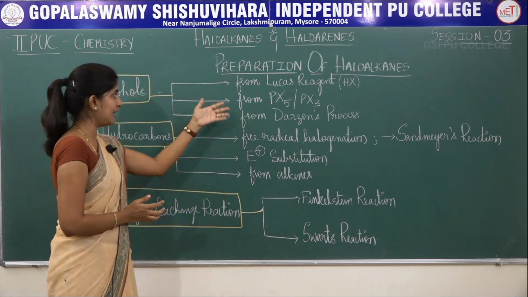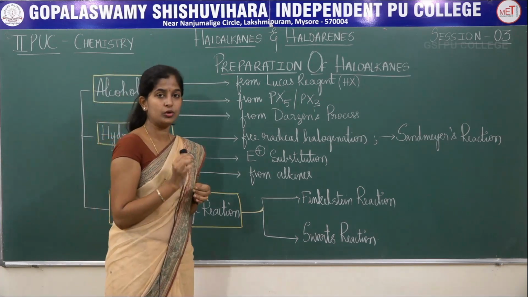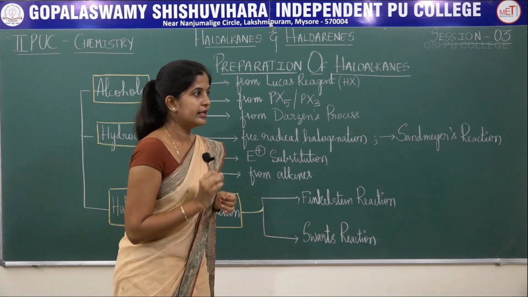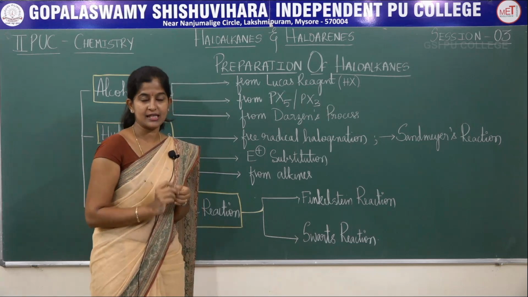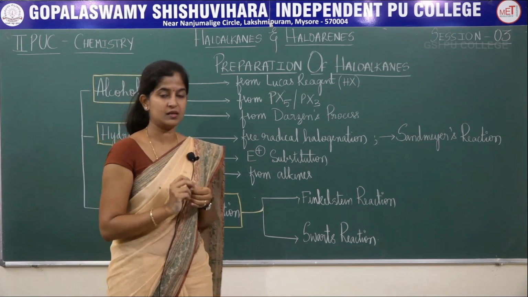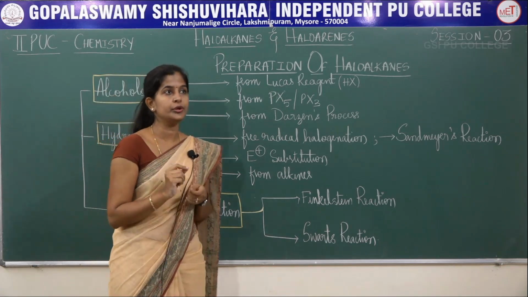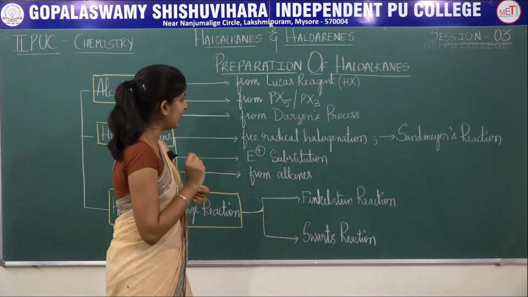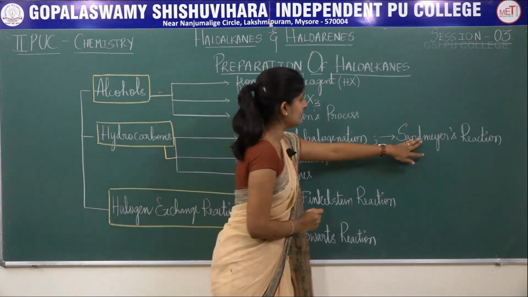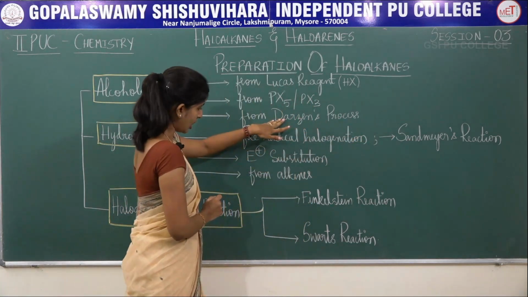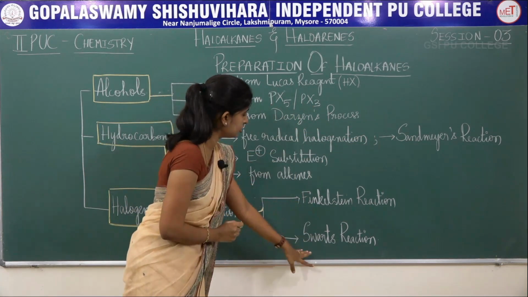Before explaining the preparation of haloalkanes, I want you to do something. There are a lot of named reactions as well as 4 to 5 mechanisms that will be studied in organic chemistry. So what you should do is note down all the named reactions. See the Sandmeyer reaction, Darzens process, Finkelstein reaction, Swarts reaction.